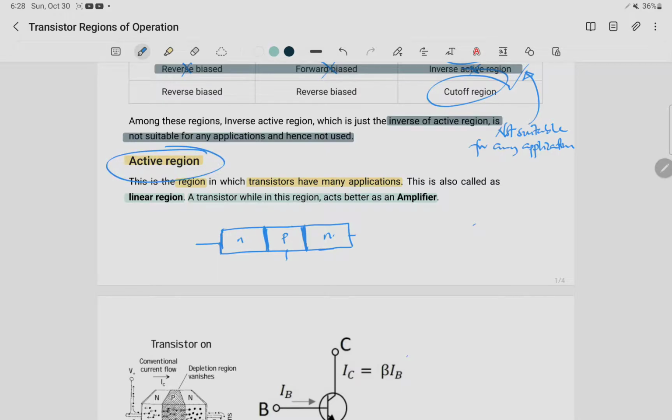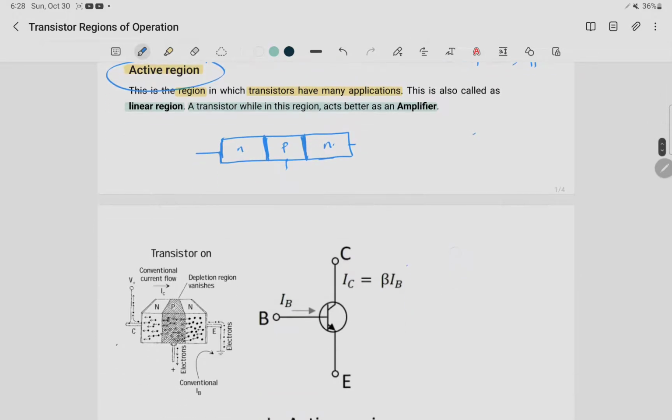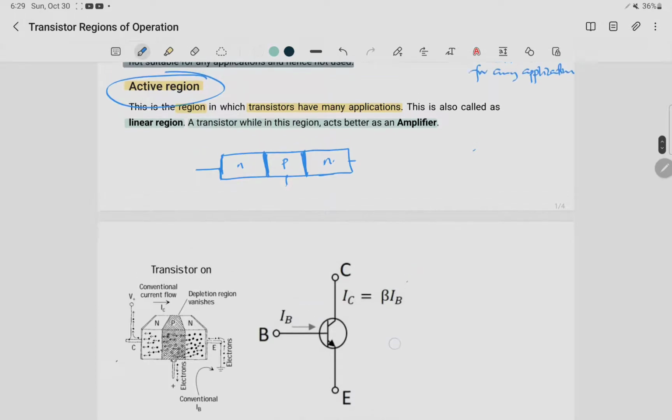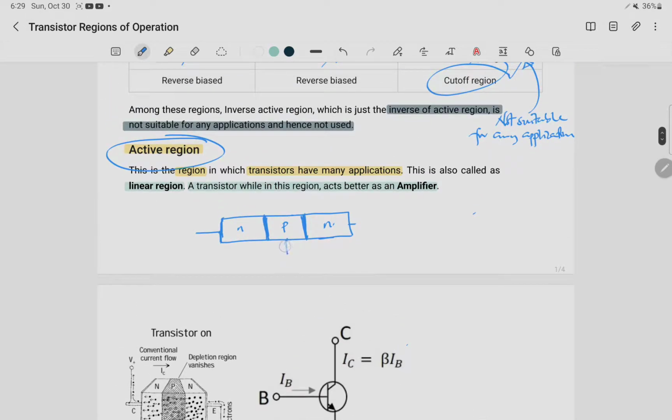In the active region, we said it is formed when we forward bias the emitter junction. Remember our transistor, our BJT: this is the base, this is the emitter, and this is the collector. We're going to forward bias this junction in order to be active, so the P is going to be positive like this. Then this side we're going to reverse bias.